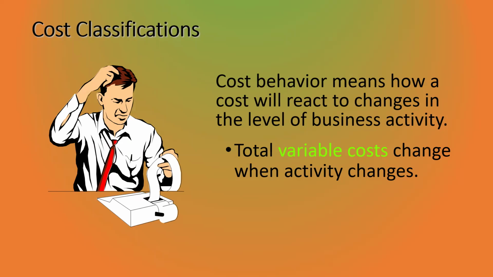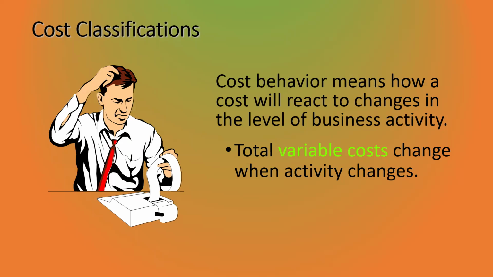If 1 yard of cloth is used in manufacturing one t-shirt, and 1 yard costs, suppose, $20, then $20 is for one t-shirt.